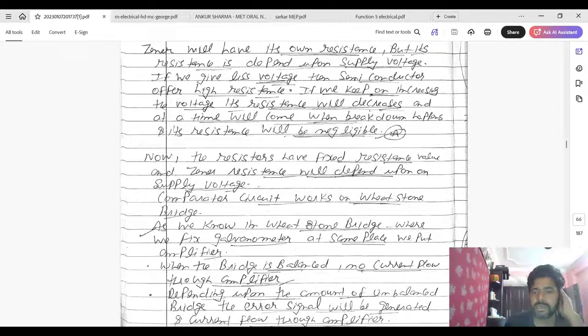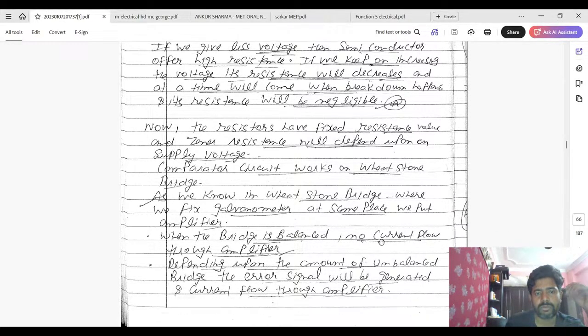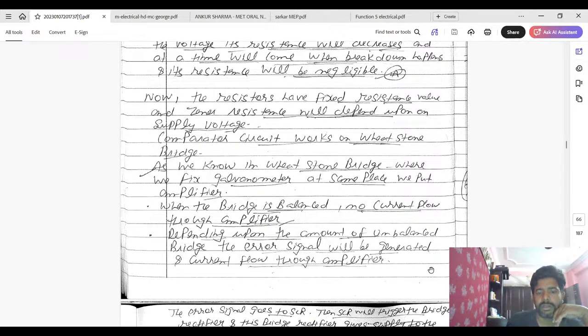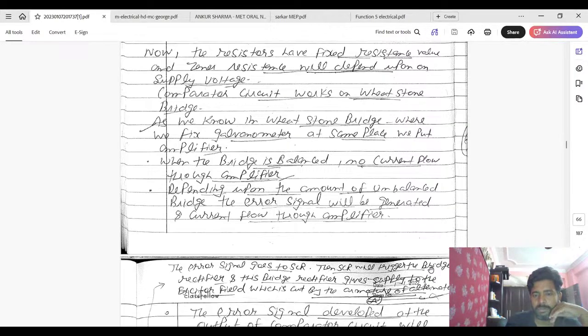The comparator circuit works on the Wheatstone bridge. As we know, in a Wheatstone bridge, we have a galvanometer; at the same place we put the amplifier. When the bridge is balanced, no current will flow to the amplifier. Depending upon the amount of imbalance or interference in the bridge, the error signal will be generated and current flows through the amplifier.